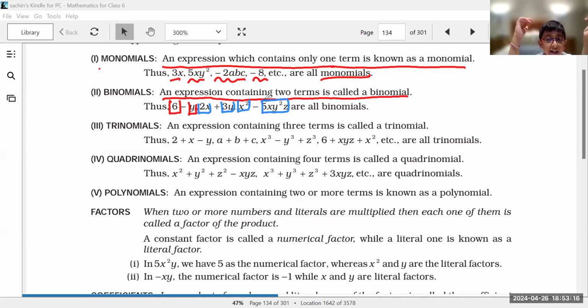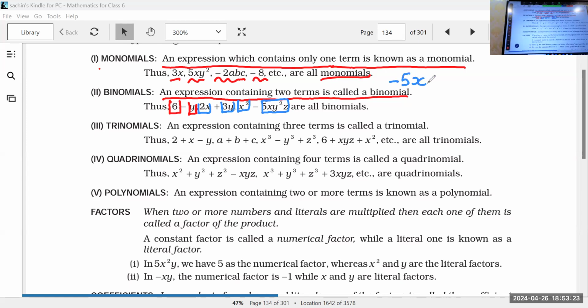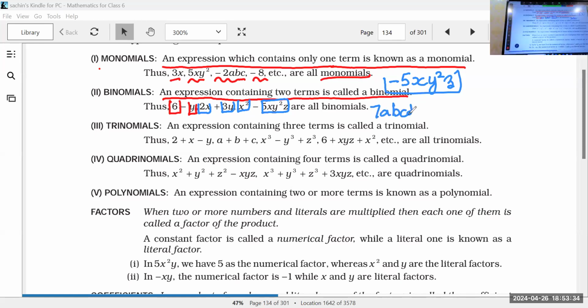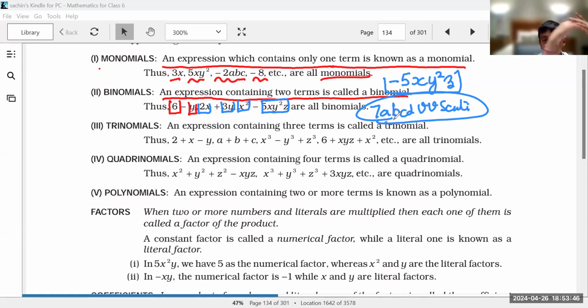Yes or no? x, y, 2z is a whole one monomial. Minus 5x y square z is a whole one monomial. Sir, in this way a monomial can also be very long, right? 7abcd u y scooty, this whole thing can be one monomial. Until a plus or minus sign separator comes, it will remain a monomial, because these are all multiplied: a into b into c into u into v.